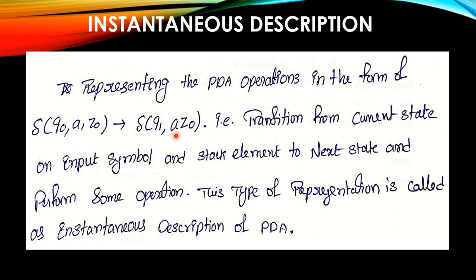The meaning of this is, there is a transition from the current state Q0 on input symbol A, with Z0 on top of the stack, then move to the next state Q1 and perform the push operation. This type of representation is called instantaneous description.